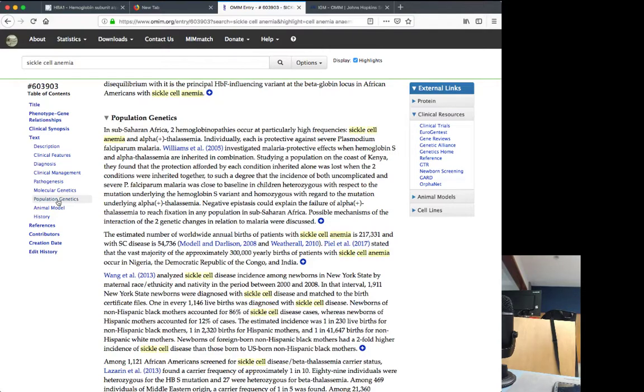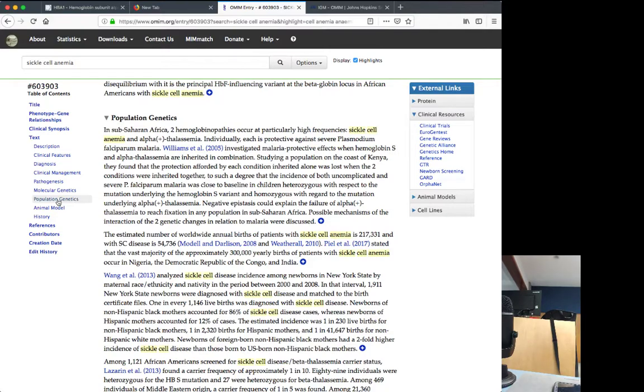So if you were to draw a map of this mutation versus a map where Plasmodium malaria is prevalent, they will overlap. The selection pressure of the prevalence of the disease versus the prevalence of humans has made this mutation very common in that region. It could happen anywhere, but it's favored in that environment.